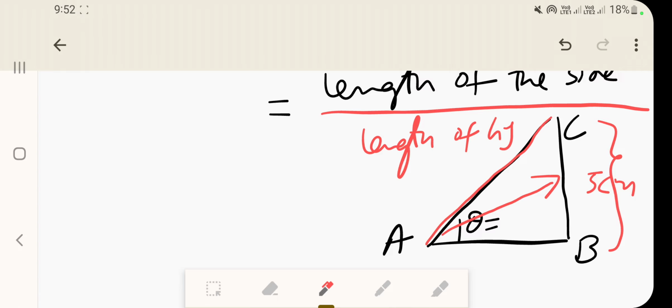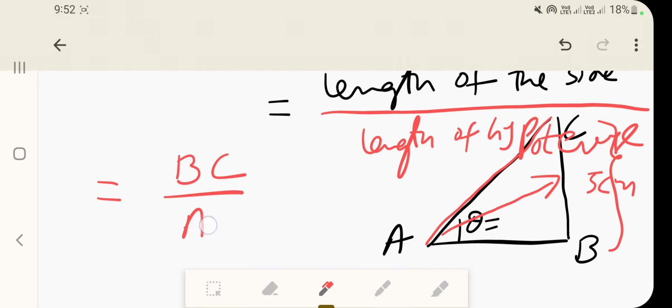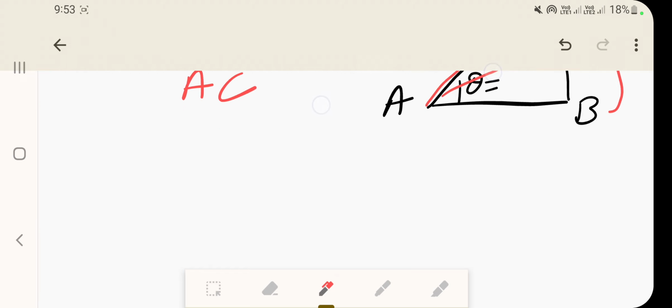AC is called the hypotenuse. So we can write this as an equation. The opposite side is BC and the hypotenuse is AC. This is defined as sin A, or sin theta also we can write.